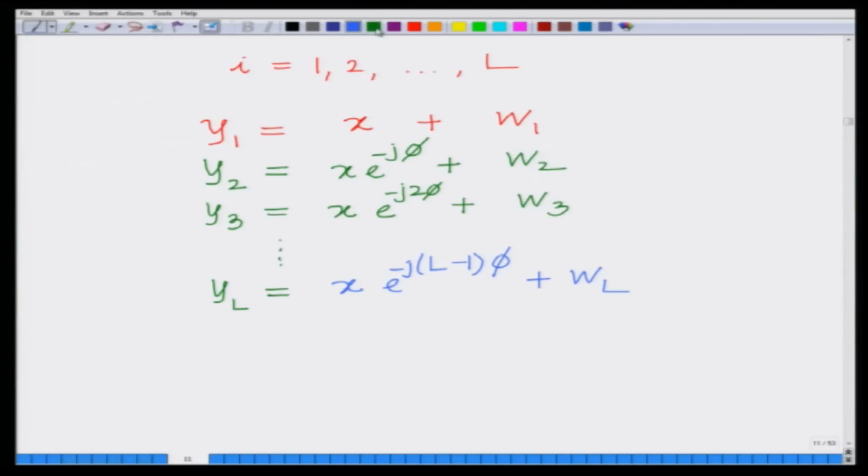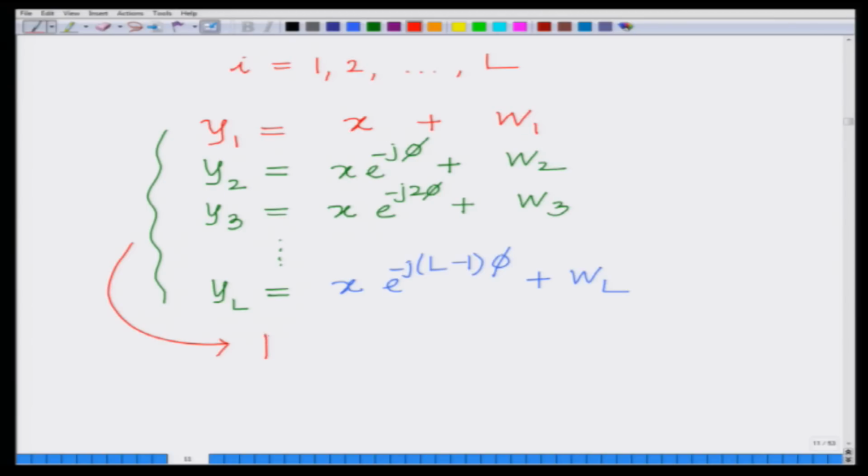Therefore, this is also known as a phased antenna array, a phased array, alright. So, this uniform linear array, because the signal at each successive antenna has a phase with respect to the signal at the previous antenna, is simply known as a phased array of antenna.